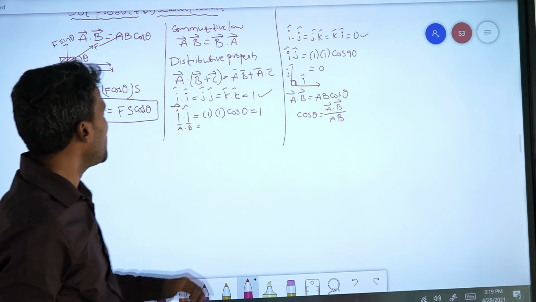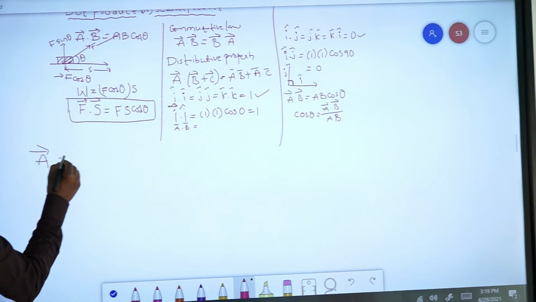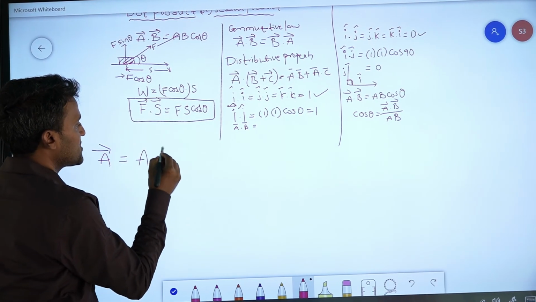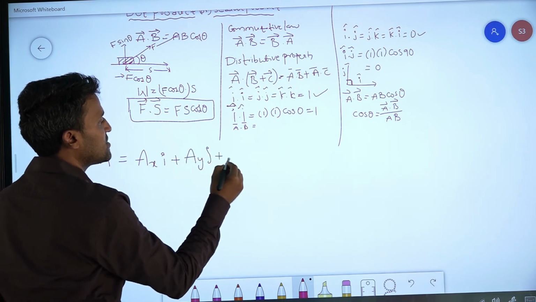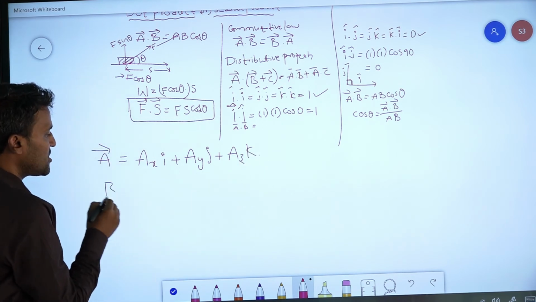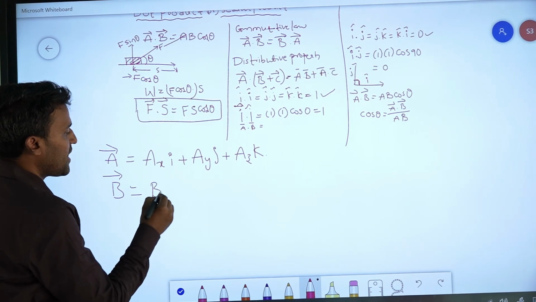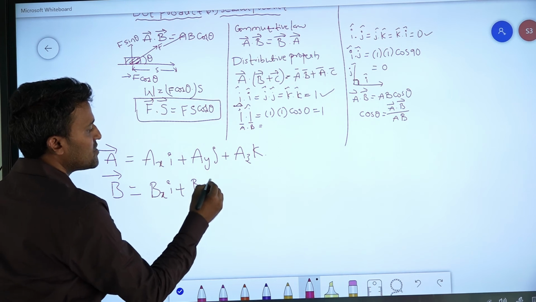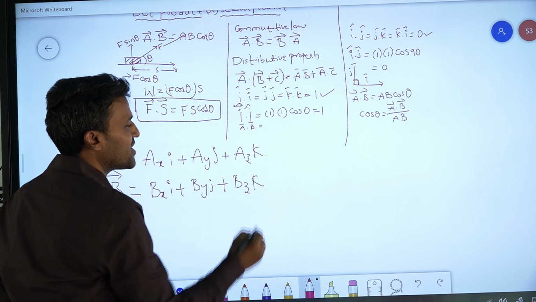See here, a dot b. a vector is equal to ax i plus ay j plus az k. Now b vector is equal to bx i plus by j plus bz k.